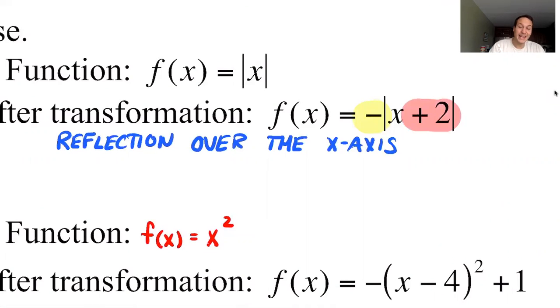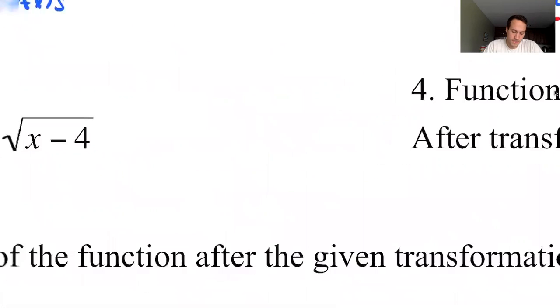That happens on the inside. Since it happens on the inside, it's going to be left, right, and it's going to go in the opposite direction, but it's going to be a shift of left 2. Remember from our lesson yesterday, on the inside of those absolute value brackets is going to be the opposite direction. So plus 2 means I shift left 2.